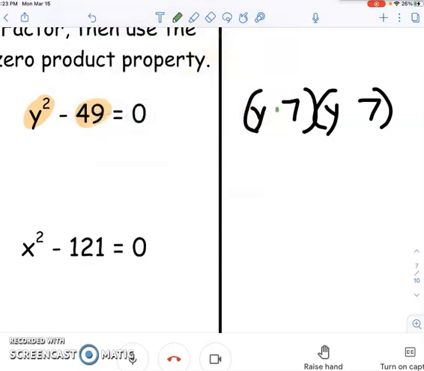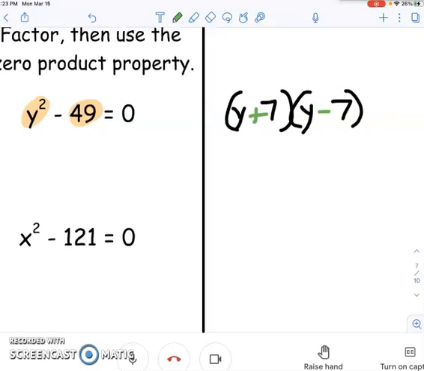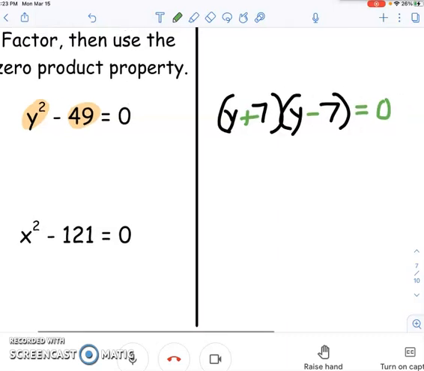So if I put in my plus and my minus, and then remember this is an equation with the equal sign, you know you have to do the extra step anytime there's an equal sign. So if it's an equation, that's when you have to have everything on one side and you use the zero product property, okay? So that extra step is only when you see the equal sign.